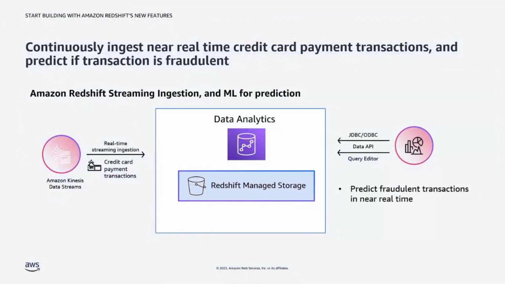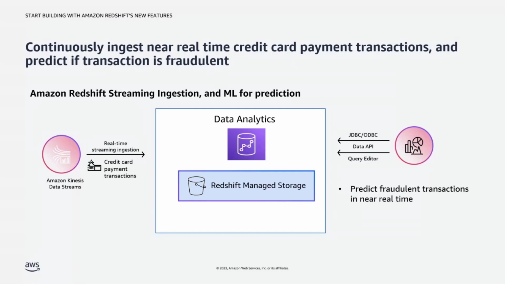So the key requirement is to ingest the credit card payment transactions in near real time, and predict if those near real time transactions are fraudulent or not. For this use case, we will use the Amazon Redshift streaming ingestion feature, and the user-defined function for ML, which we created in the previous demo. The data source over here is going to be Amazon Kinesis Data Streams, which will be generating near real-time credit card payment transactions.